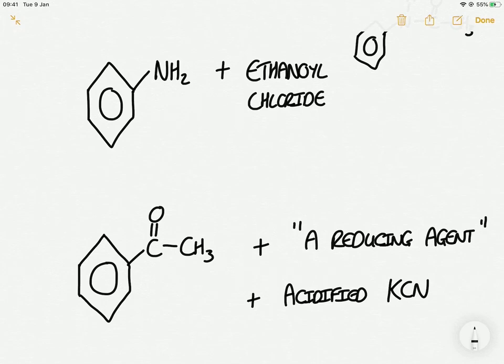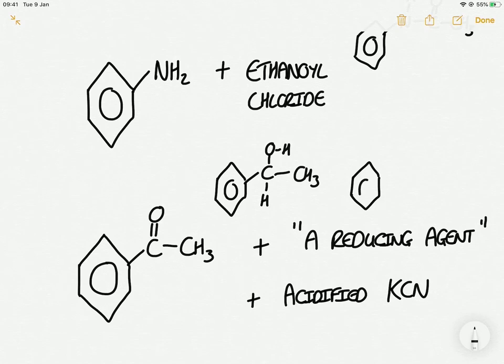You're literally just looking at it as if it's a carbonyl compound, a ketone. So if it was a reducing agent that you reacted it with, NaBH4 in aqueous solution, then you would essentially get a secondary alcohol, right? If you reacted it with acidified KCN, then you would get a hydroxynitrile.